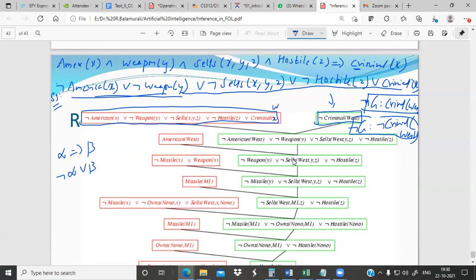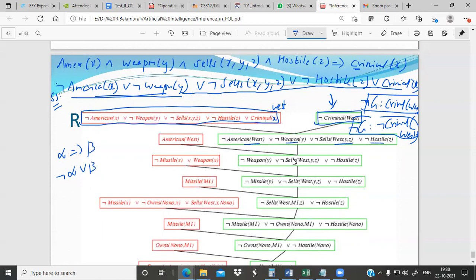Let us replace x with West. Here we have West is not a criminal, and here West is criminal, so both cancel out. When both cancel out, you get this sentence, with everything else but criminal of West.